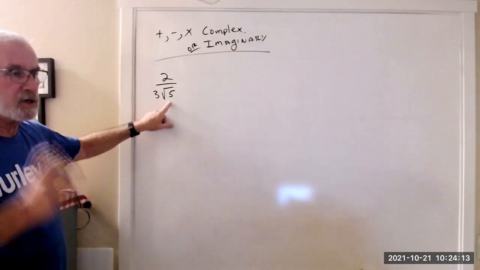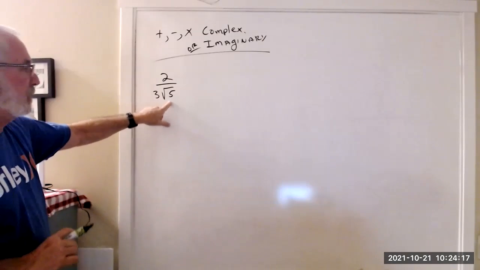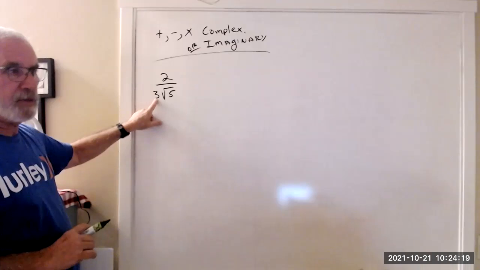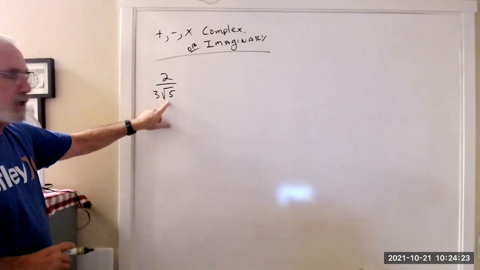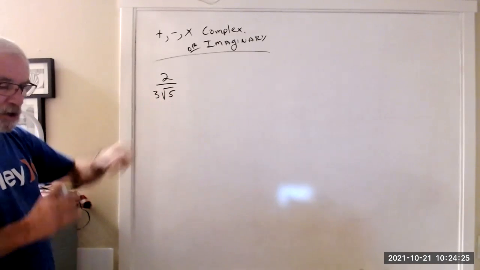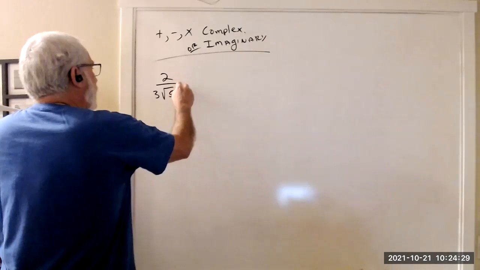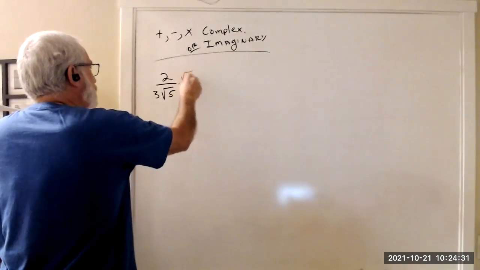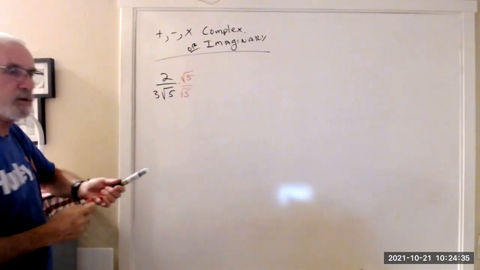You can have a 3 in the denominator, 3 is fine, but you can't have that square root. So we spent a lot of time talking about how to rationalize the denominator by multiplying top and bottom by the square root of 5.